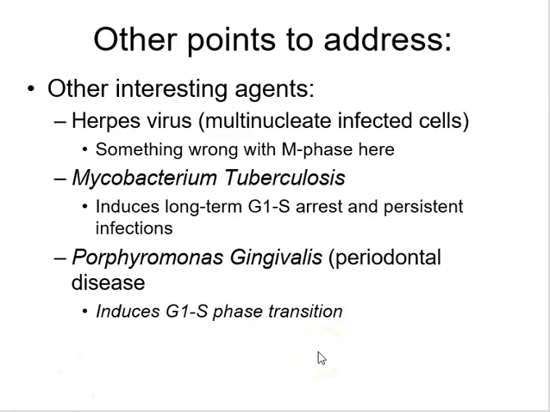So in effect, your task is to identify 3 interesting infectious agents, at least one virus, at least one intracellular bacterium. So it can be 2 bacteria or 2 viruses, or even, most likely that.